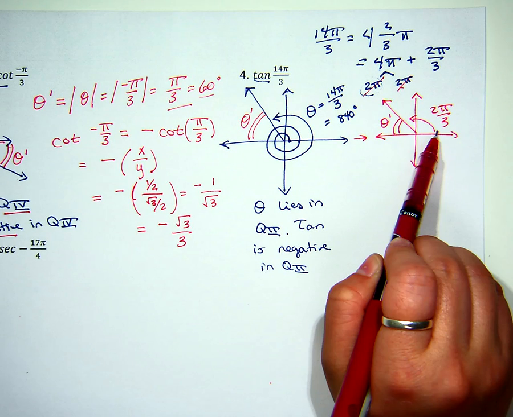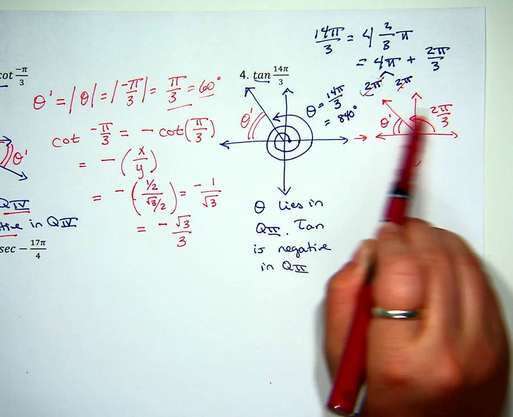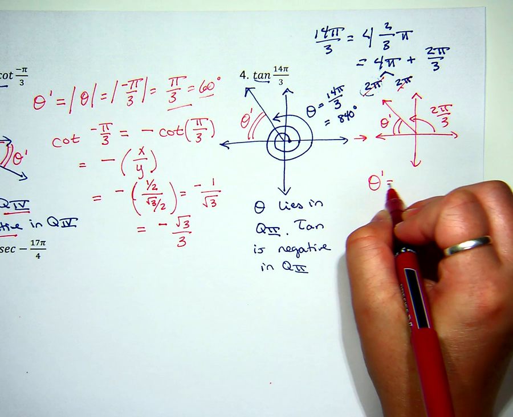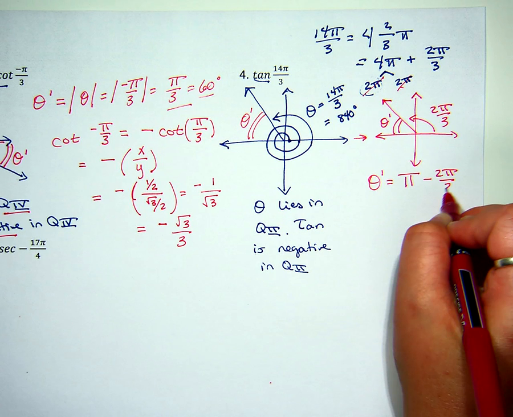Notice that 2 pi over 3 and the reference angle make a half rotation. So if I want to find the value of my reference angle, I'm going to take that half rotation, pi, and I'll subtract off the 2 pi over 3, so that my reference angle will give me pi over 3.